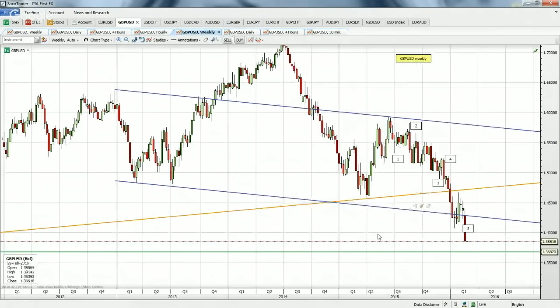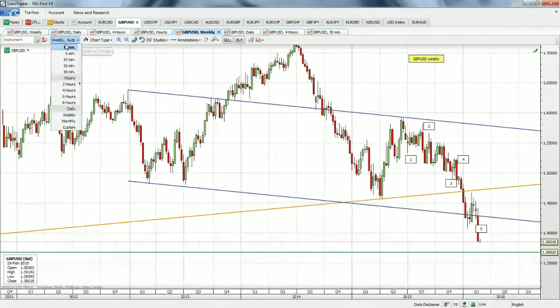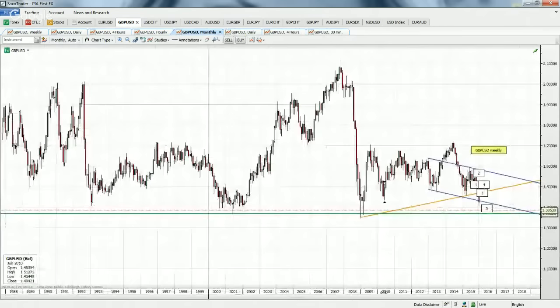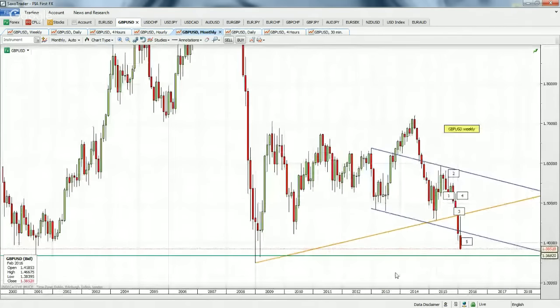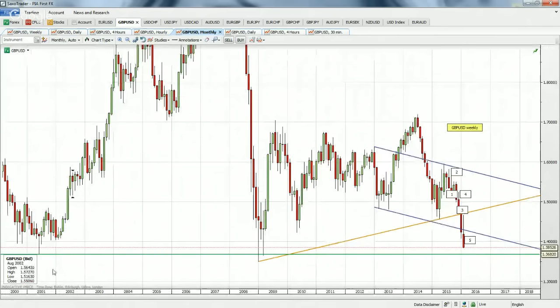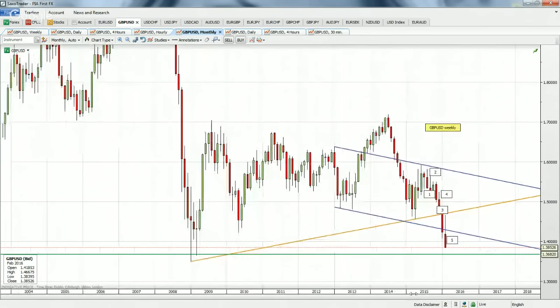Okay, again, I want to show a monthly chart here. We're very close. Just wait for that data to come in. We're very close to previous support, okay, which you could well target. I just think intraday, again, it's looking overstretched. Some people think this is a head and shoulders formation.